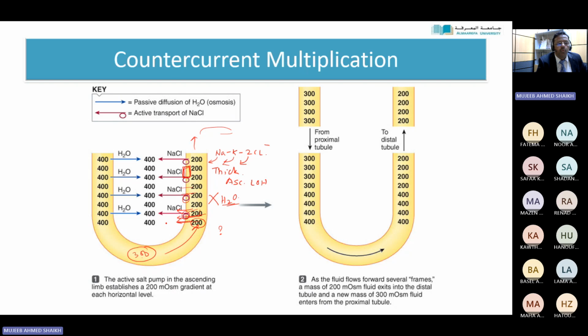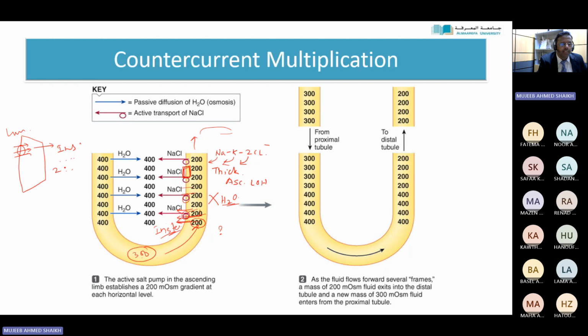And it is poured into where? In the interstitium. Right or wrong? When I showed you this picture, there is the lumen here and the sodium potassium 2 chloride channel is here and the interstitium here. If it is going out, sodium, potassium, and 2 chloride will be poured into the interstitium.